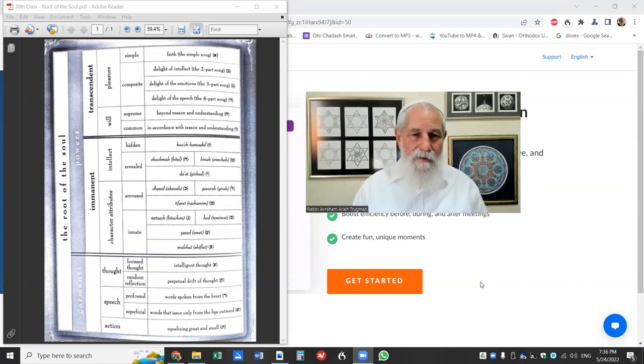This is love, fear or awe, and beauty or holism, shleimut, wholeness, and their inner dimensions of ahava, yira, and rachamim, love and fear and awe, and compassion. So these are the aroused emotions.